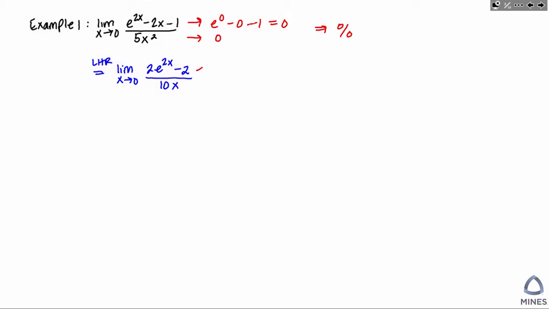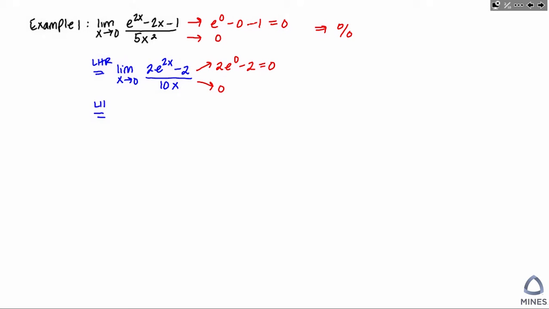Again, by evaluating directly, we get 2 times e to the 0 minus 2, or 0 in the numerator, and 10 times 0, or 0 in the denominator. Again, we have the indeterminate form 0 over 0, and we can apply L'Hopital's rule.